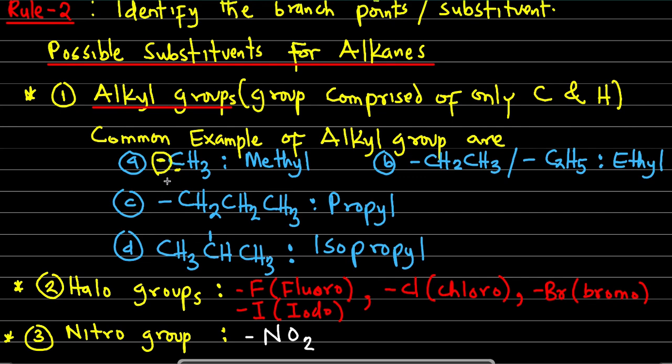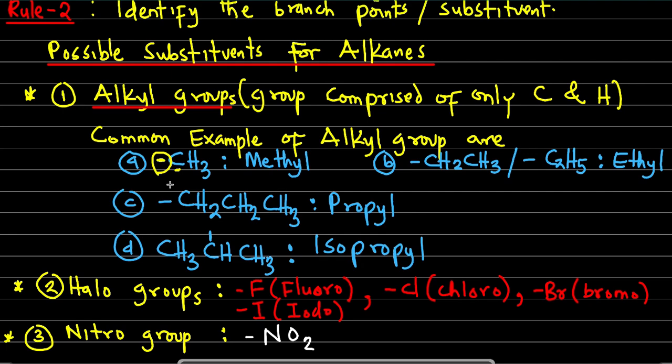So I said, after identifying your parent chain, if your substituent contains just carbon and hydrogen, it is an alkyl group, and the common alkyl groups are as follows. If it is one carbon and 3 hydrogens, it's methyl. So anytime you see a substituent that has just one carbon atom, that would be a methyl.